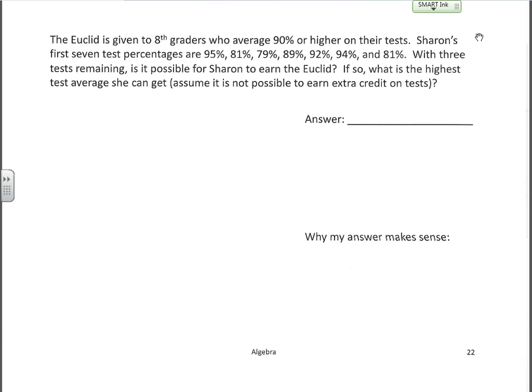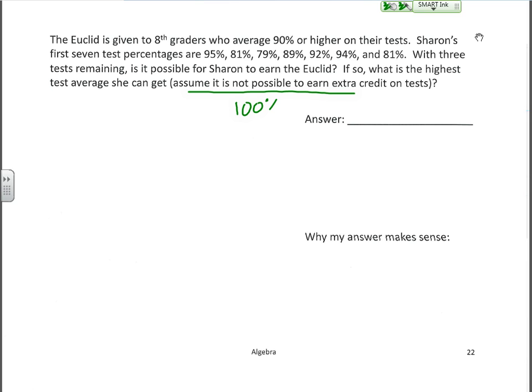Anyway, Sharon's first 7 test percentages are 95%, 81%, 79%, 89%, 92%, 94%, and 81%. With 3 tests to go, is it possible for Sharon to earn the Euclid? So right now, if you calculate her test average, she is below 90%. So with these 3 tests, is it even possible, if she maxes out at 100% on each of those 3 tests, because we are assuming it's not possible to earn extra credit.